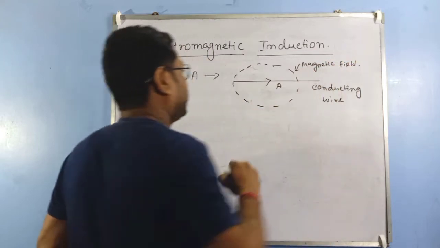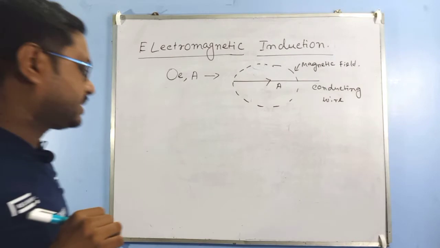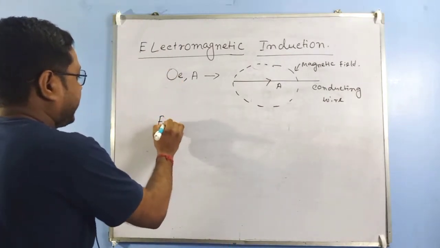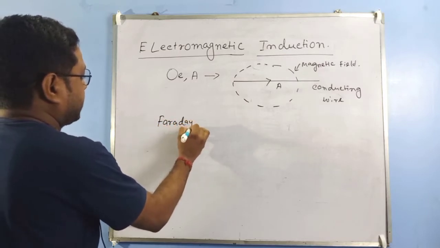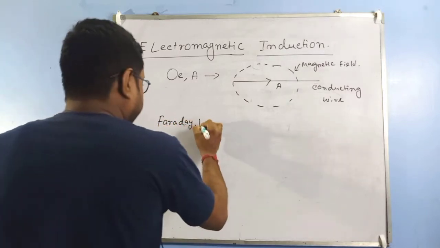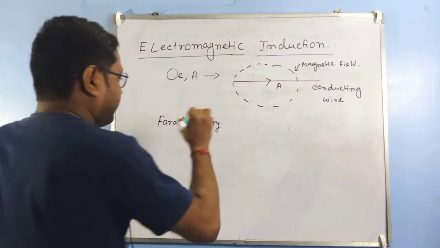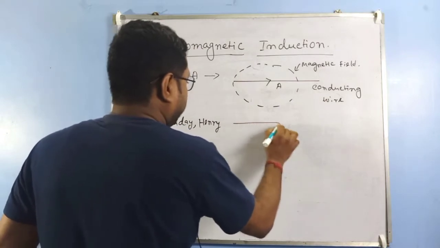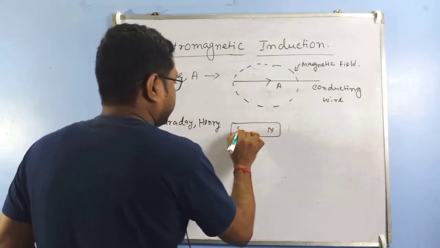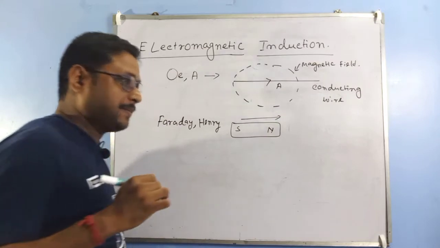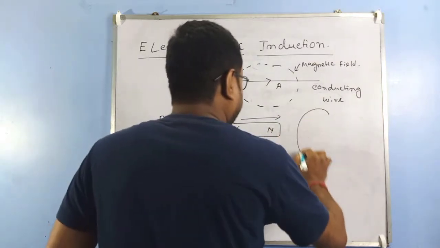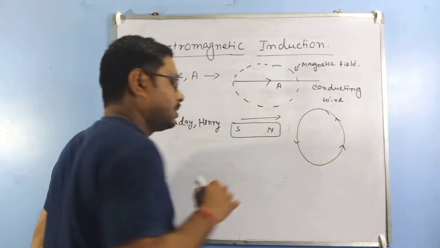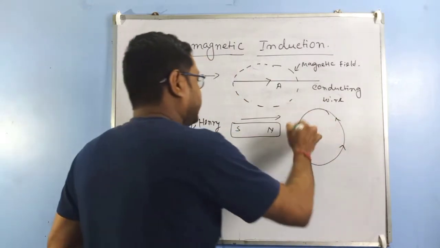The reverse phenomenon was established by two famous scientists at the same time: one is Michael Faraday in England and the other is Joseph Henry in the USA. They said that whenever a magnet is moved relative to a closed coil or closed loop, current will be induced in this coil.